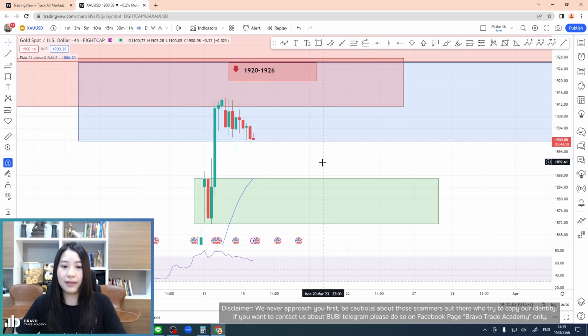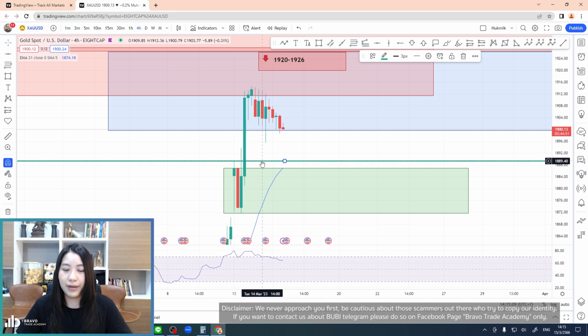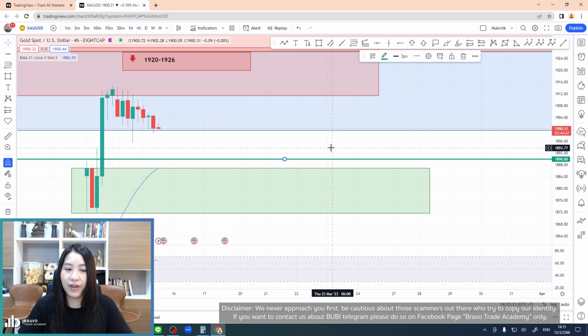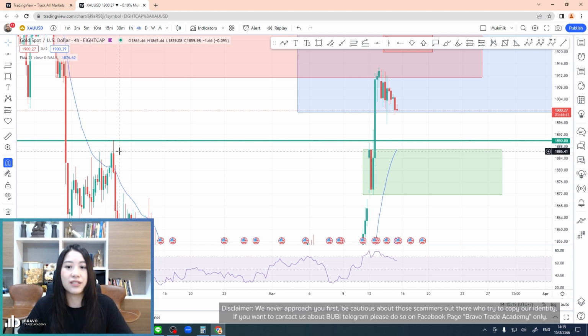And what about the buying plan? For the buying plan, we have this as well. If you remember, we have 1890, which is a very strong support. It was used as a resistance for quite a long time.